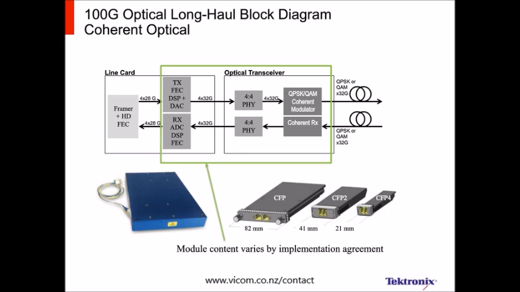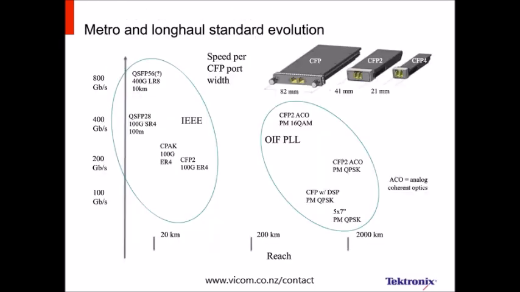So then looking at what that means in terms of how everything stacks up in terms of reach and faceplate density. On the horizontal axis, which it looks like I lost the arrow on, we're going from the tens of kilometers on the left to thousands of kilometers on the right. And then on the vertical axis, what we're plotting is the speed per CFP port width.